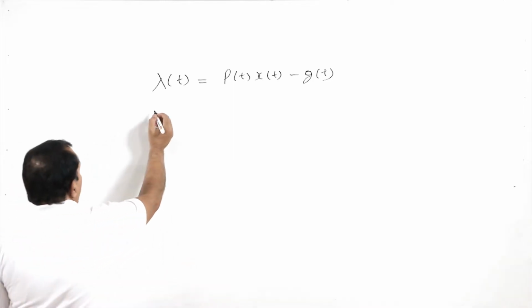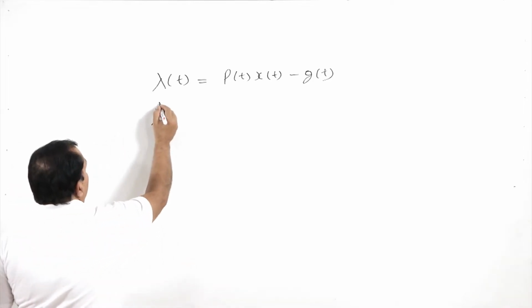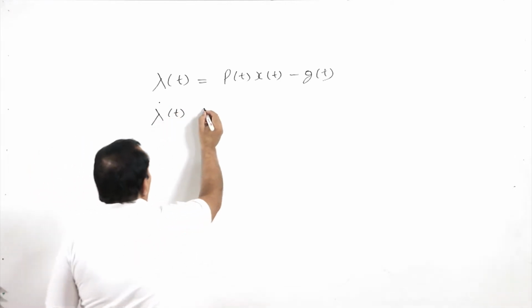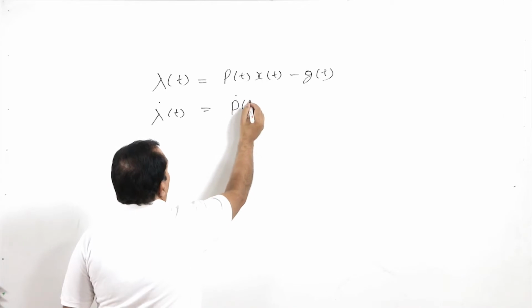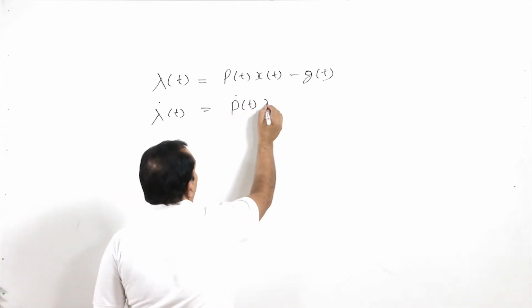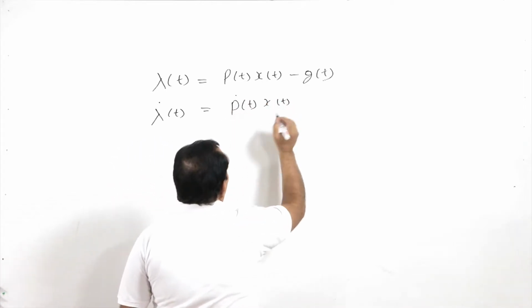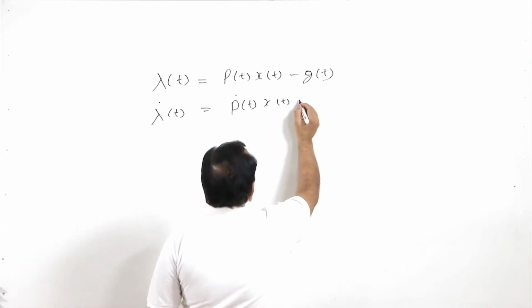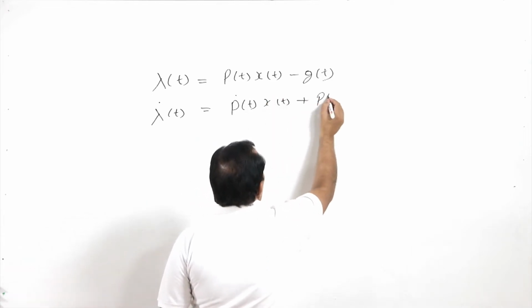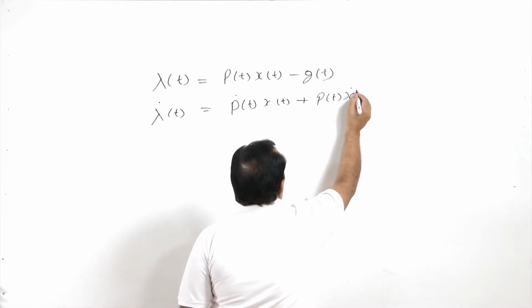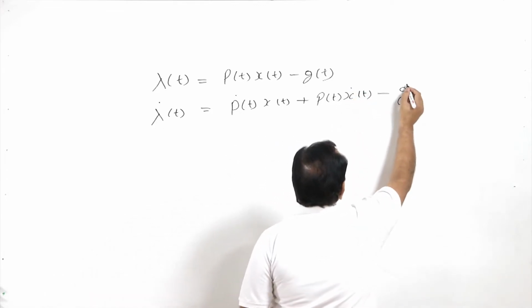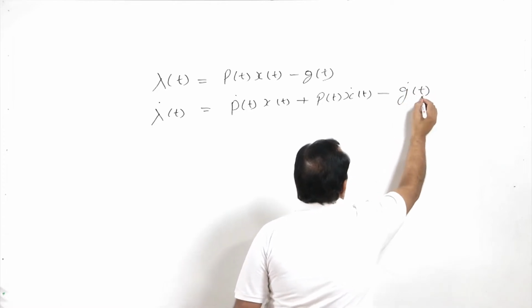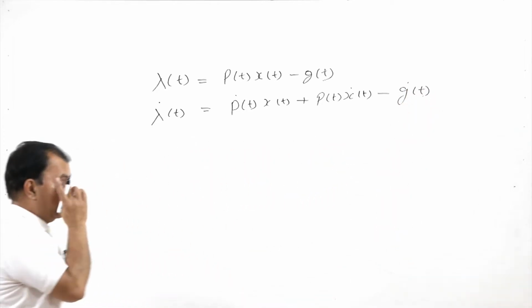If I differentiate this, lambda dot t, P and x both are time varying. So, this is P dot t x t plus P t x dot t minus G dot of t.